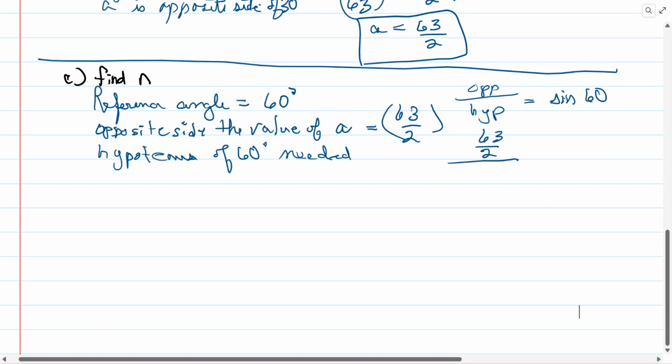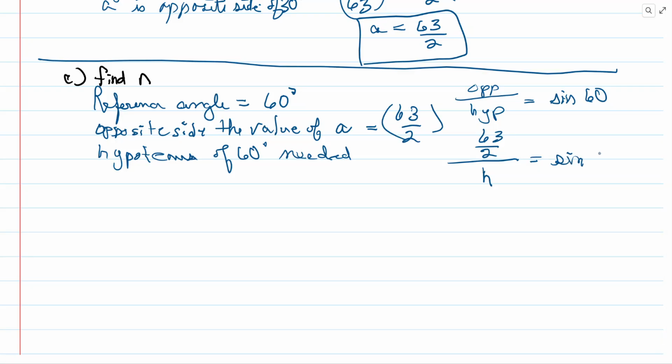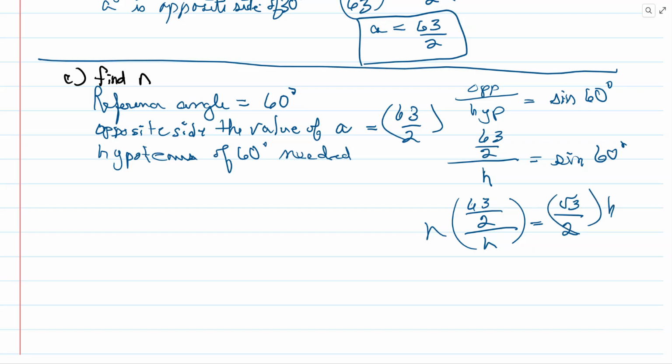H for hypotenuse, is equal to the sine of 60. Now we're going to replace the ratio for sine of 60, and the sine of 60 is the square root of 3 over 2. So I'm going to multiply both sides by h. I might not have shown that on my video, but I'm doing it for you so you don't get lost.